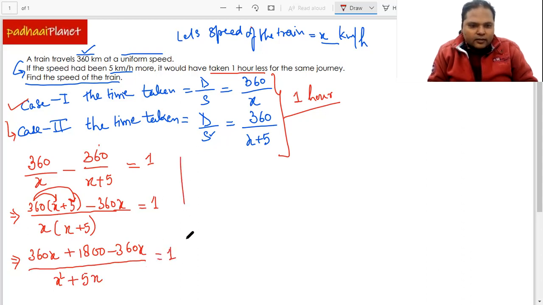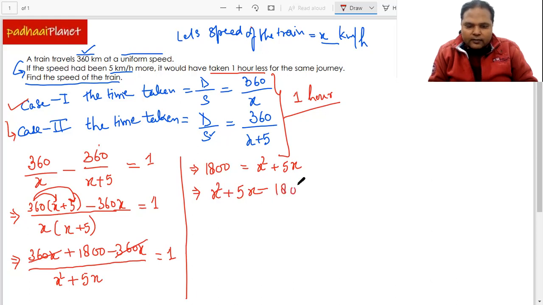Now here 360x gets cancelled with this 360x, so that's very visible. Now that means 1800 is equal to x square plus 5x, or we can also put it like this: x square plus 5x minus 1800 is equal to 0.